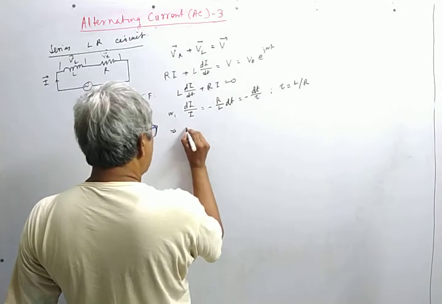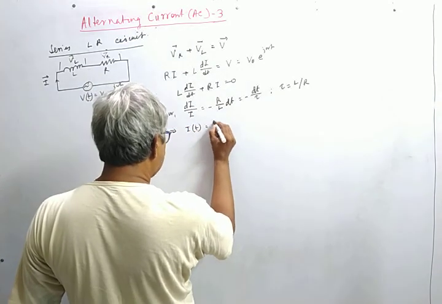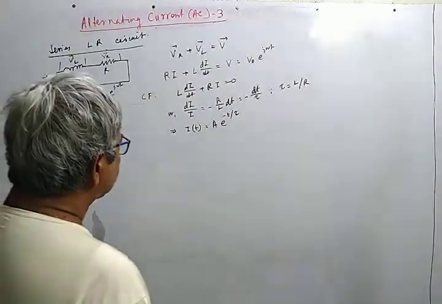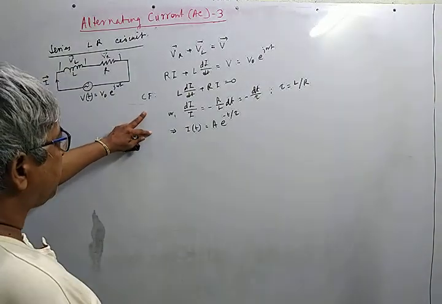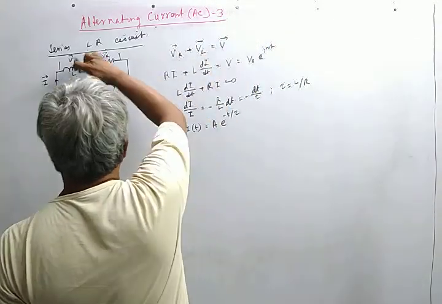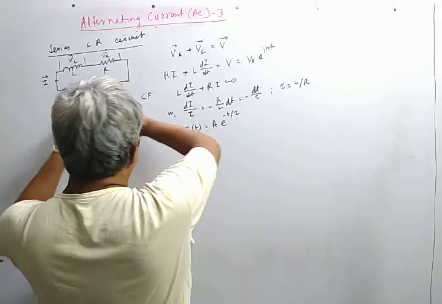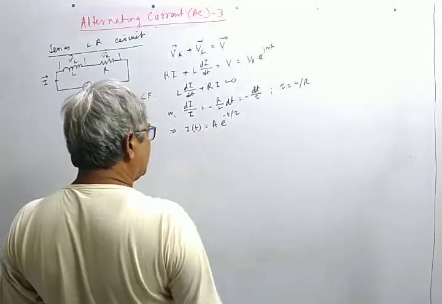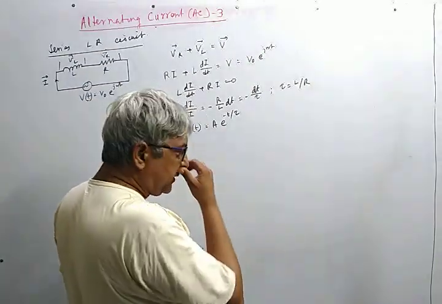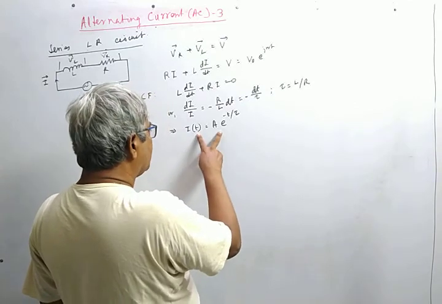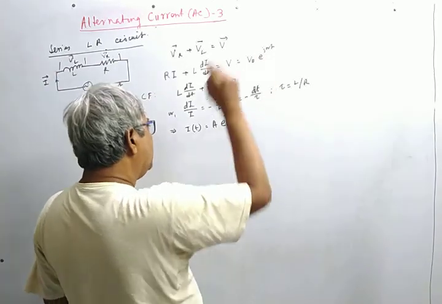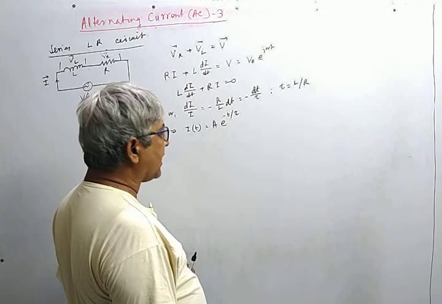The solution is I as a function of t is equal to some constant A e to the power minus t by tau. This shows that the current corresponding to the solution of the homogeneous equation, which is the characteristic of the LR circuits irrespective of the source, dies down exponentially, and the time taken to die out depends on tau, and that is why tau is called the time constant.